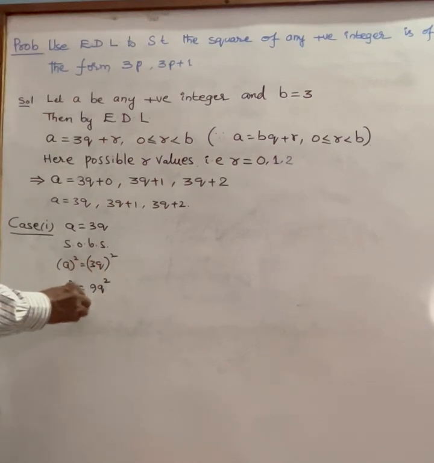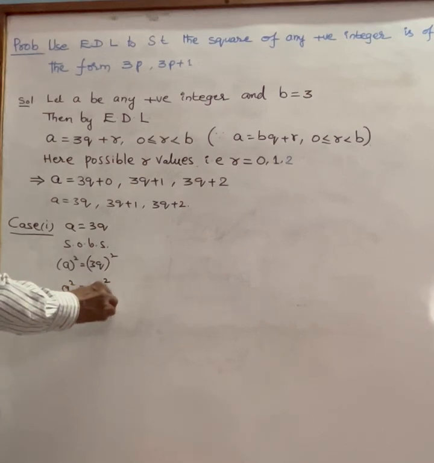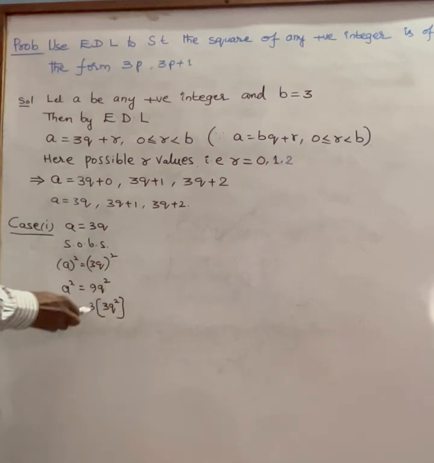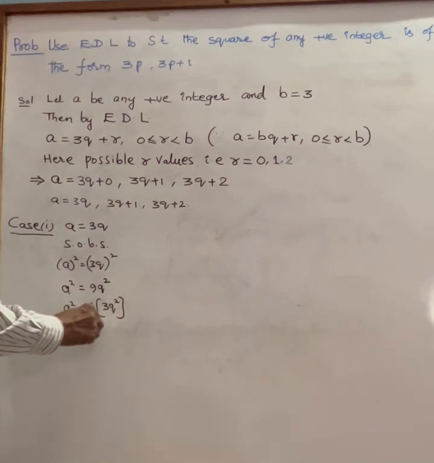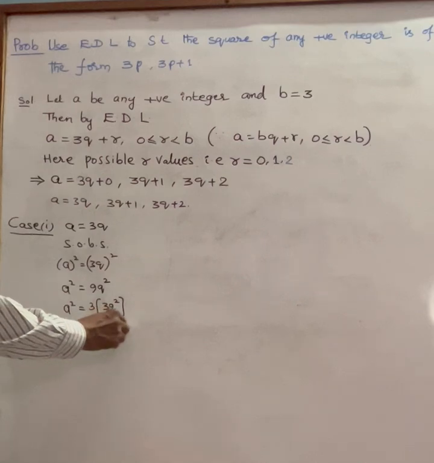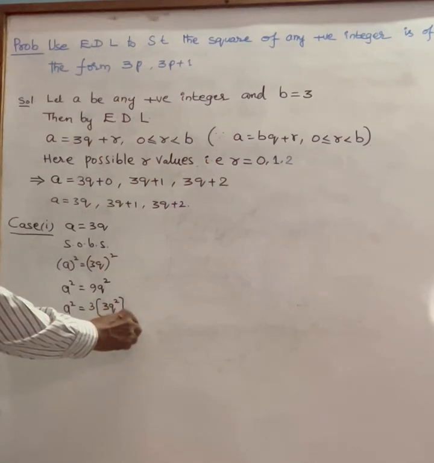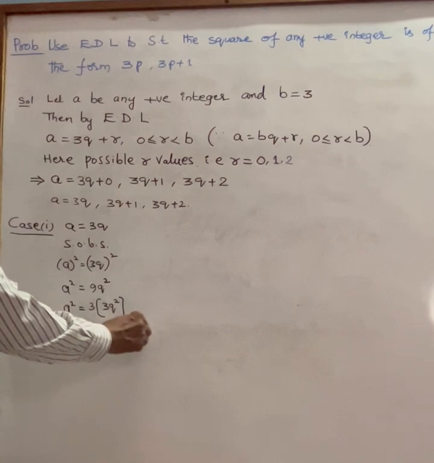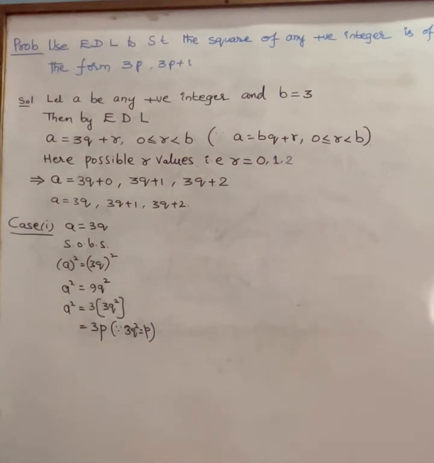We may write this as 3 into 3q square. Here q is an integer. If we write an integer instead of q, we will get another integer. Let that integer be p, since 3q square is considered as p, we get 3p. This is case 1.